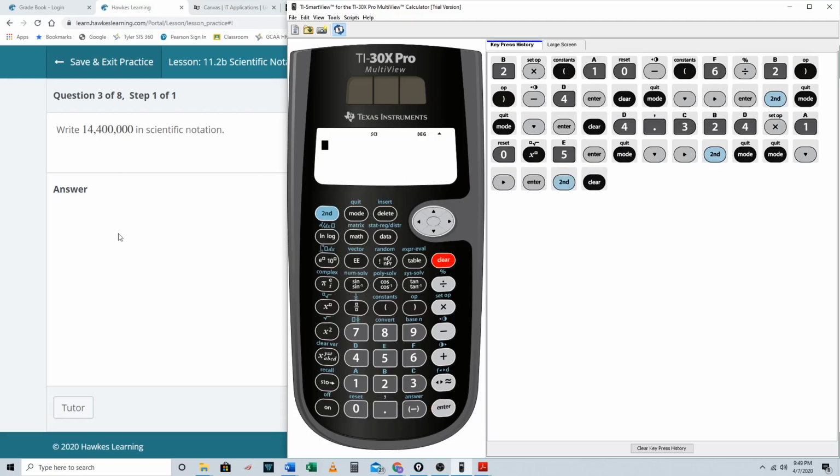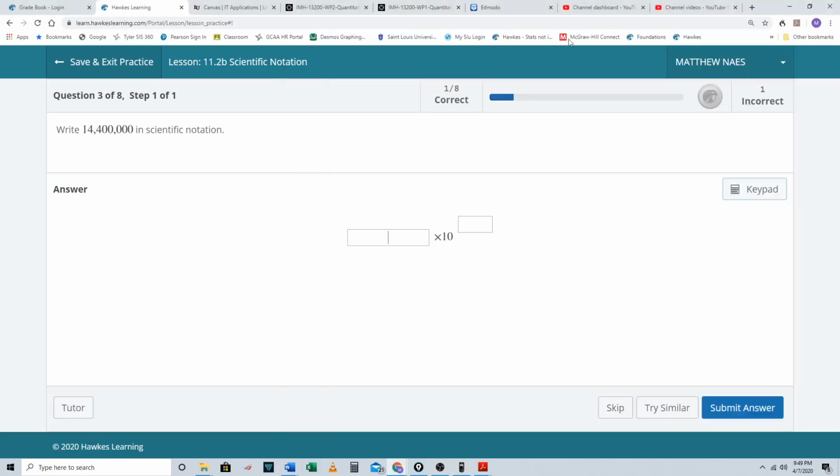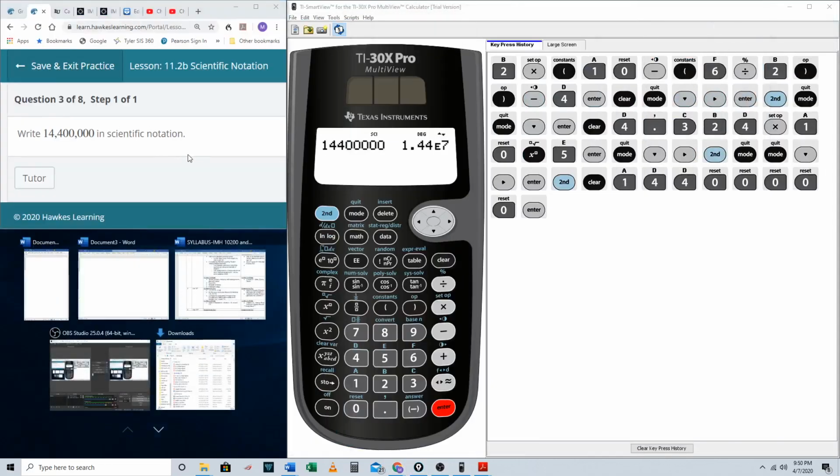So I'm just going to type it in, 1440000, that's the whole number, and press enter. It's going to put it in scientific notation, just not in the form that we're used to.